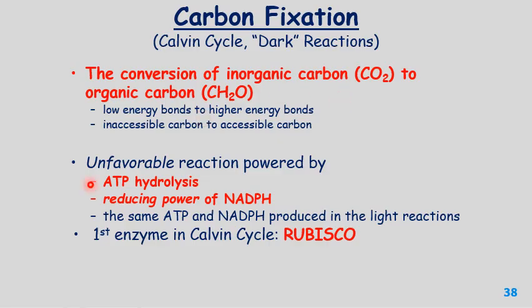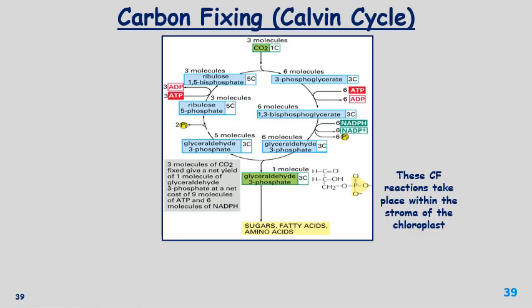Those building up reactions are going to be powered by ATP, and they're going to be powered by discharged electron carrier that is NADPH. The first enzyme of this pathway is the enzyme that is the most abundant in the world. That enzyme is called Rubisco. Okay, so this is the one thing I want you to remember from the Calvin cycle.